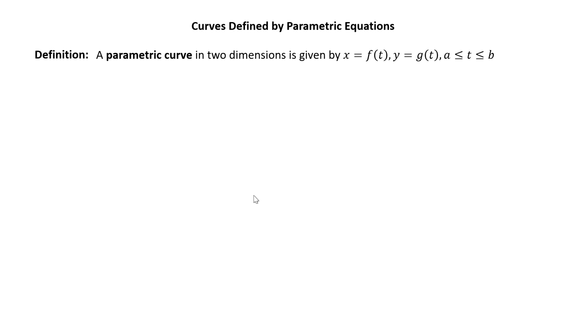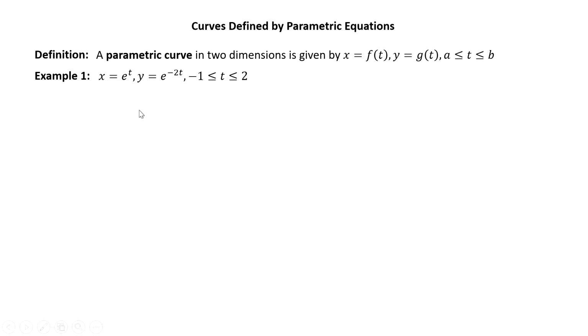Okay? And let me give you an example. Suppose we have x equals e to the t and y equals e to the negative 2t, and the parameter t varies from -1 to 2. Well, the one way to draw this curve is to figure out a whole bunch of points.